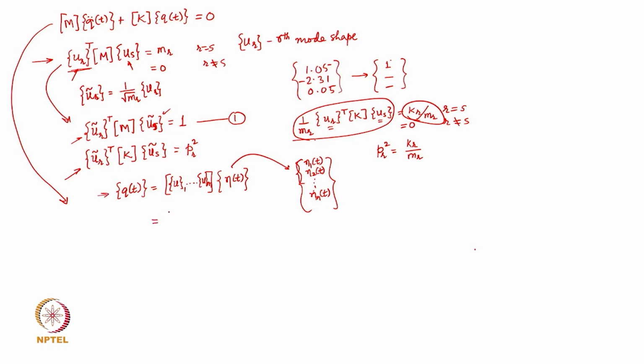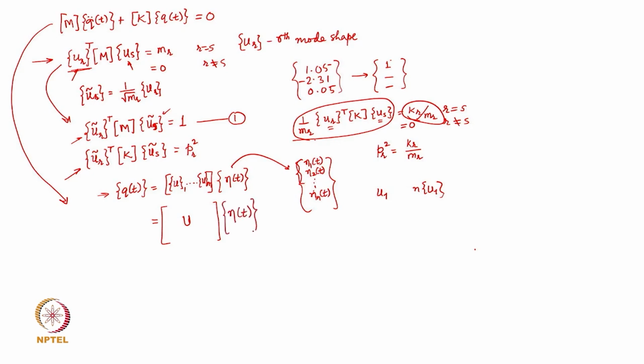Now, because these modal vectors are, I mean, if U1 is a modal vector, n times U1 is also a modal vector, right. So, I can use this matrix as represented by U, and all of the elements of this matrix U are mass normalized modal vectors.